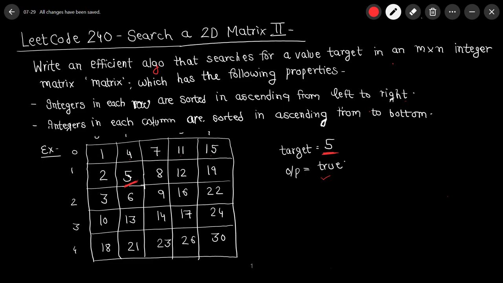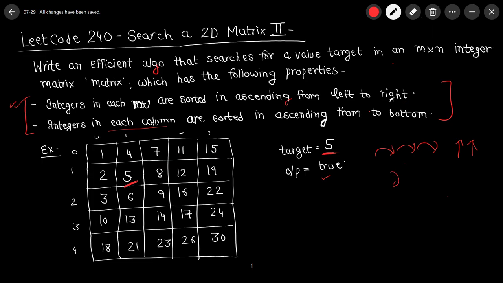So also in the given matrix, we have two properties. The first one being that each row in the matrix is sorted in ascending order from left to right. That means in a particular row, as we go rightwards, every time we would get higher values. And similarly for each column also.